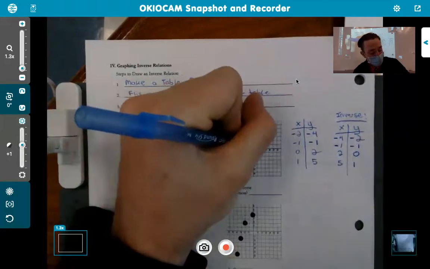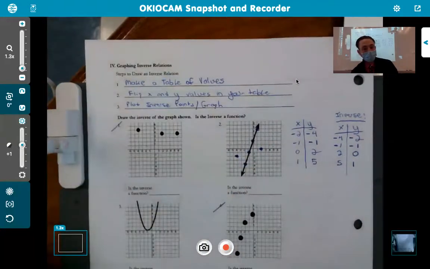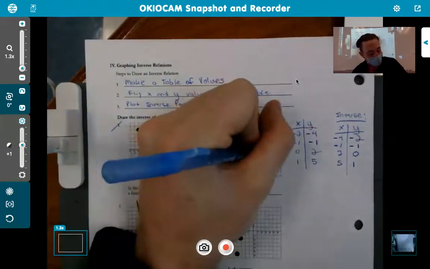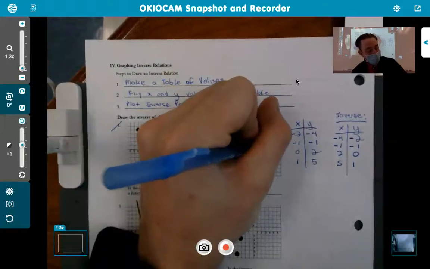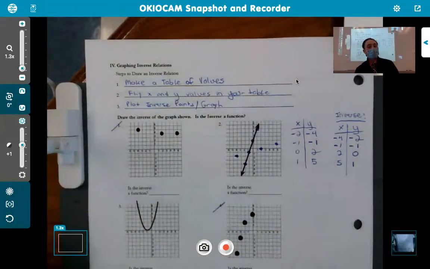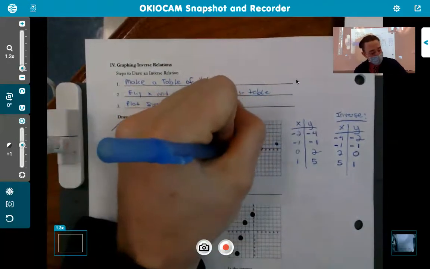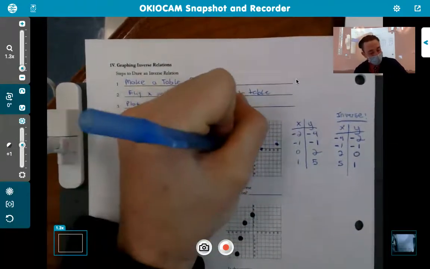2, 0 is another point. And then all the way over at 5, 1 is my fourth point. So I plotted all of my points, and now I'm going to go through and draw my inverse graph.